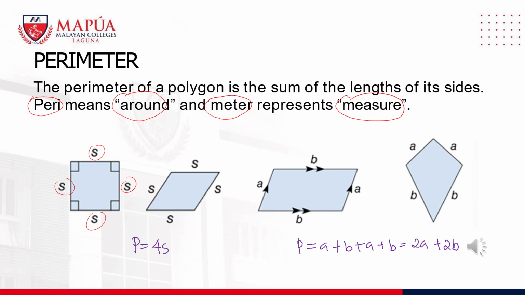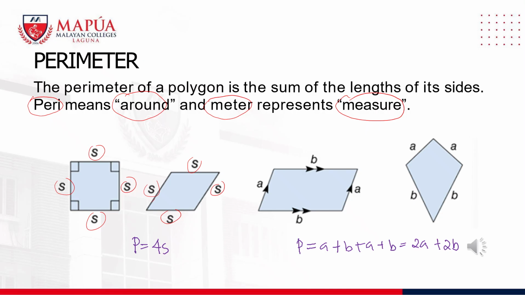Okay, and we have also another polygon that looks like this. I will tell you the name of this one later. So it has the same sides, S, S, and S. Though its appearance looks like this, still when we speak of perimeter, we just sum up all the sides.